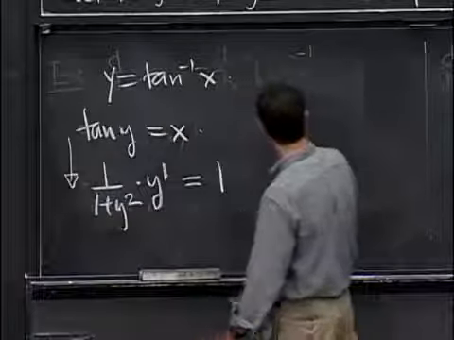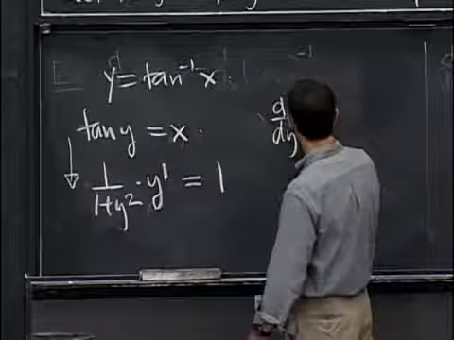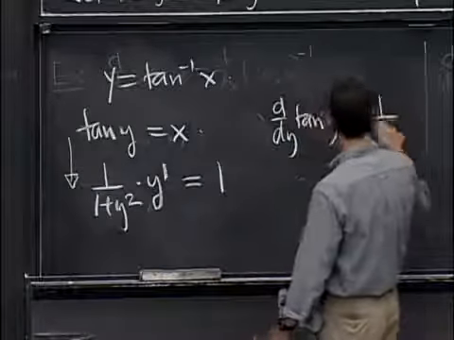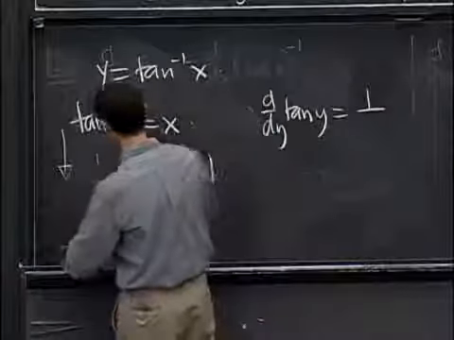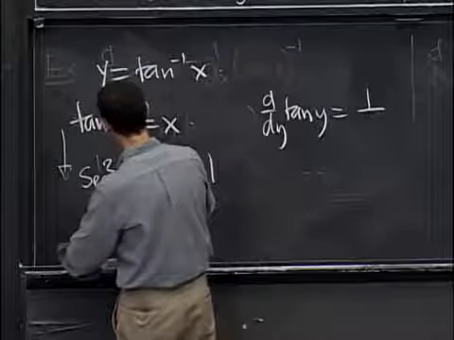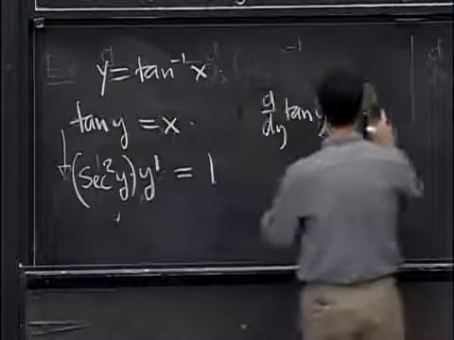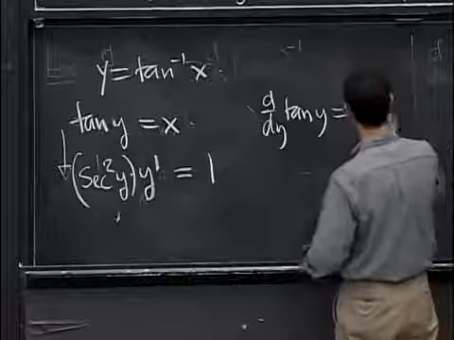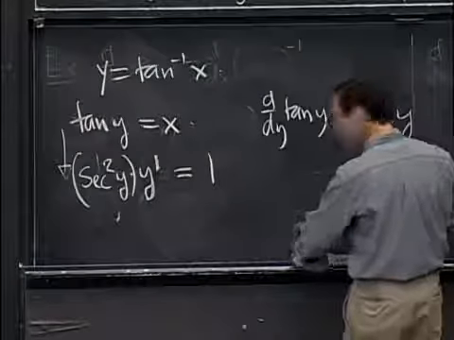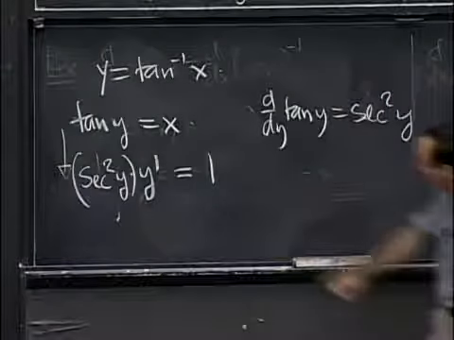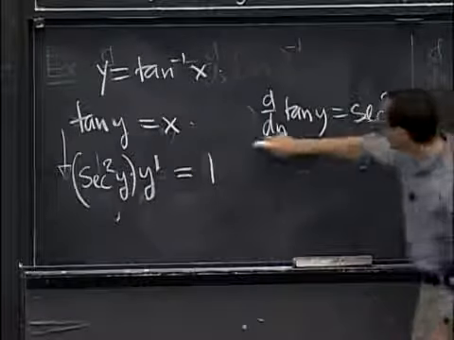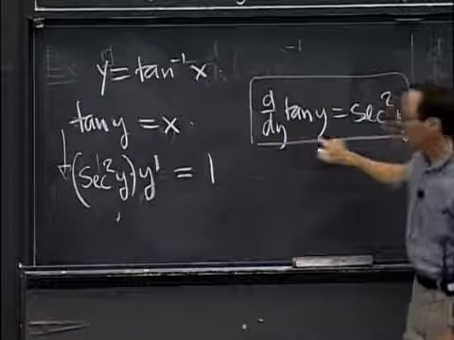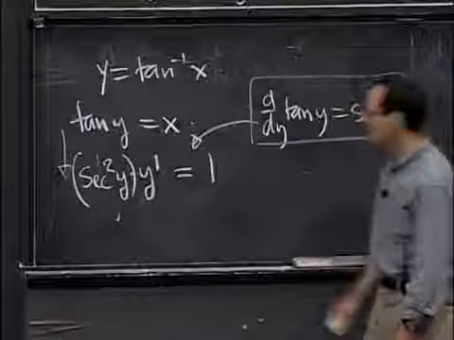It needs you to know that the derivative of tan y is, oh, bad, bad, bad, secant squared. I was ahead of myself so fast. That could happen to you on an exam. That's a perfect example here. So here's the identity: you need to have known this in advance, and that's the input into this equation.